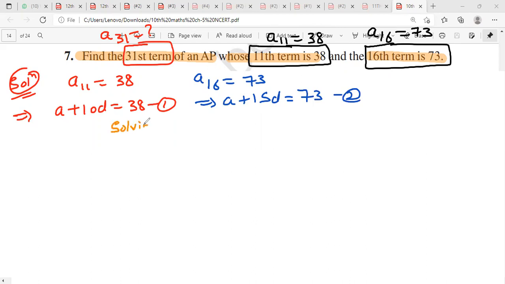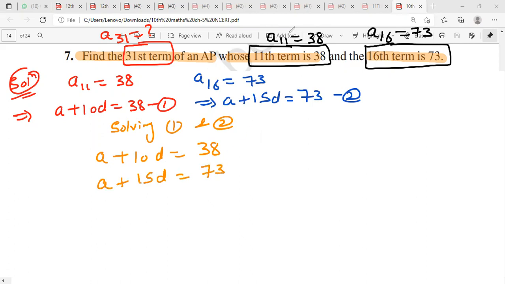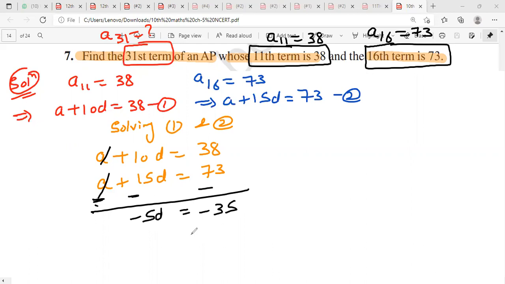Solving 1 and 2 equation, that is A + 10D = 38 and A + 15D = 73. जो बेस्ट मेथड होगा यहाँ पर वो होगा एलिमिनेशन, माइनस माइनस एंड माइनस. A and A will be cancelled out. Minus 15D plus 10D, that is minus 5D, and minus 73 plus 38, so it will be equal to minus 35, right?